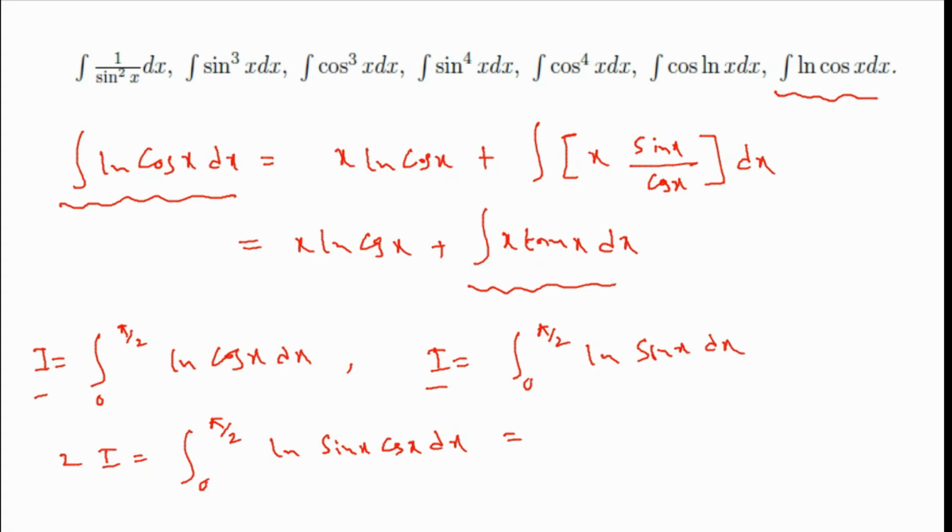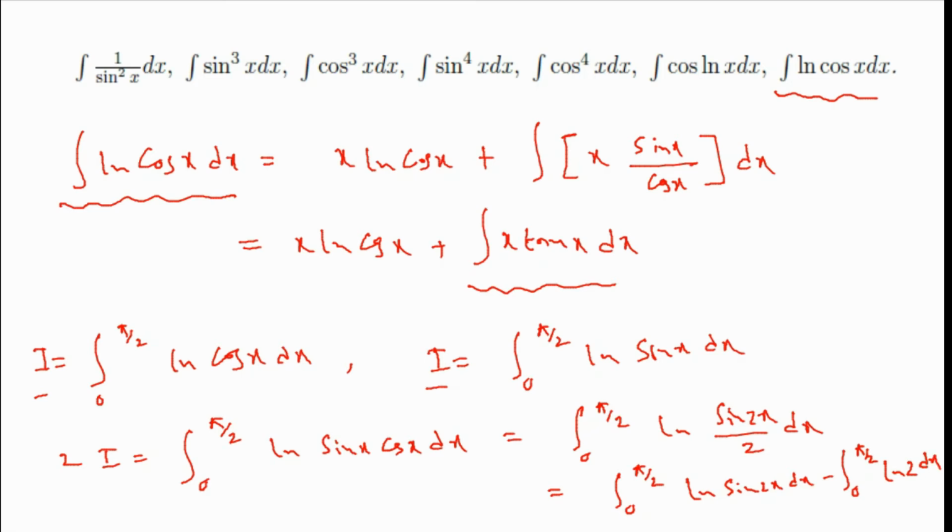Now you can just write this as 0 to pi by 2 ln sin 2x by 2 dx, which is 0 to pi by 2 ln sin 2x dx minus 0 to pi by 2 ln 2 dx.